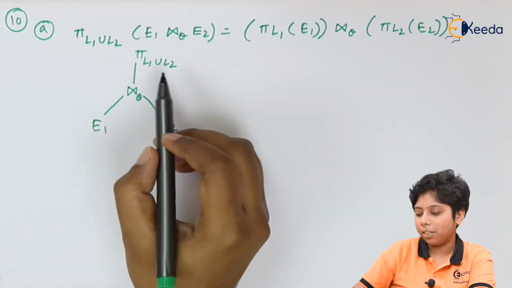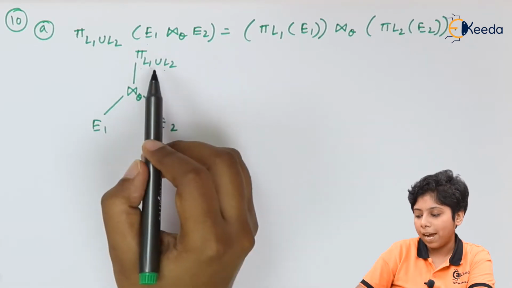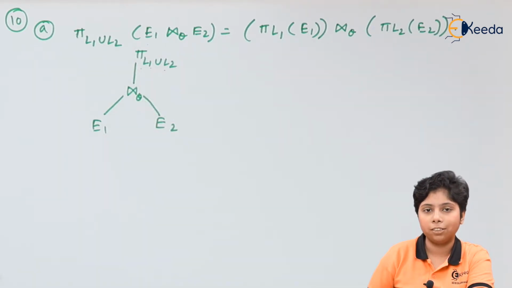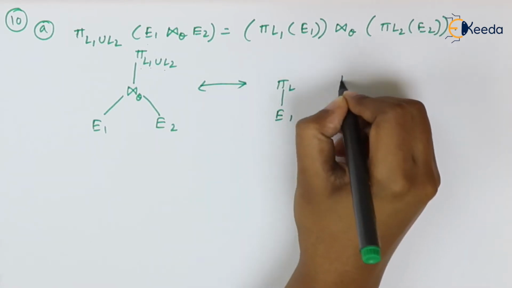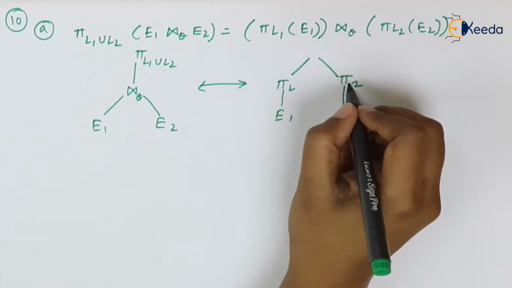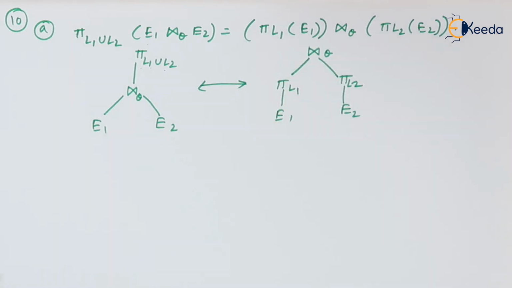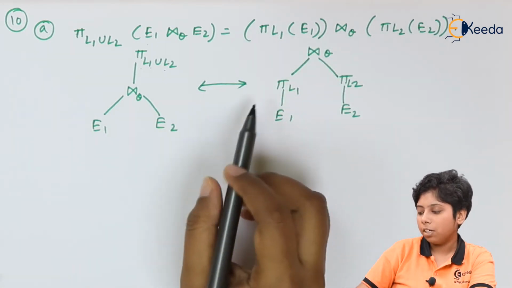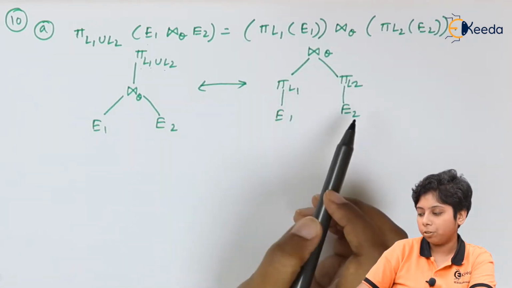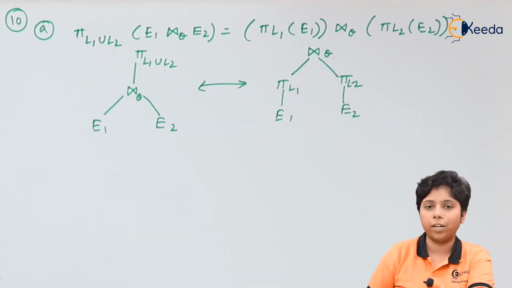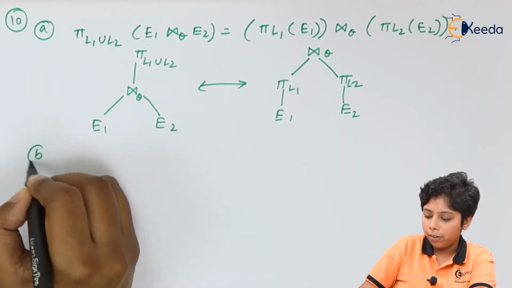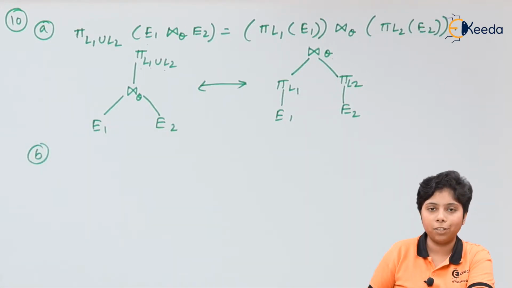Say here we have made the union of two attributes and then make the projection on it. So now we have E1 projected on the L1 attribute, E2 projected on the L2 attribute, and finally joining them with a theta join. Now we have one more definition of this theta joining over the projection.